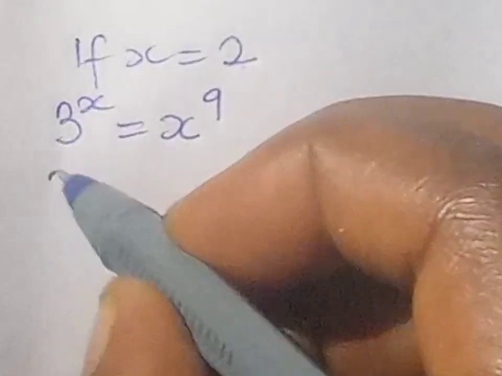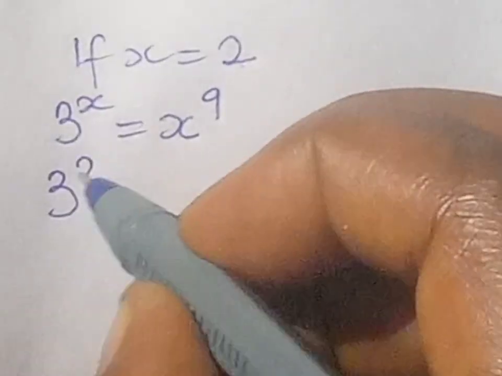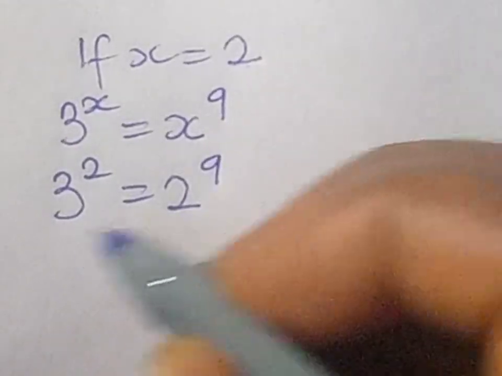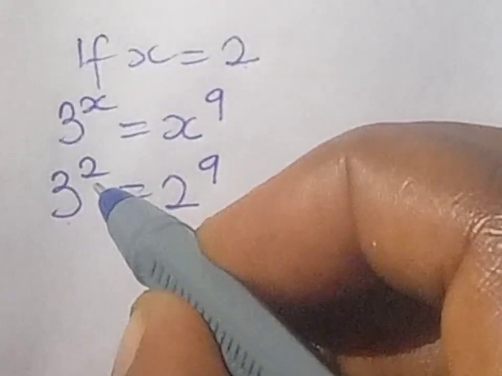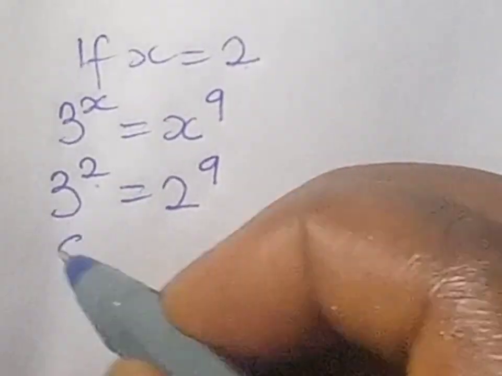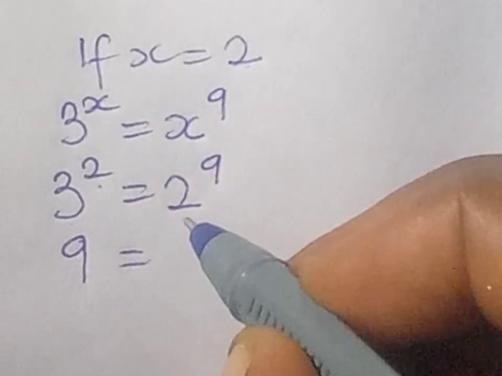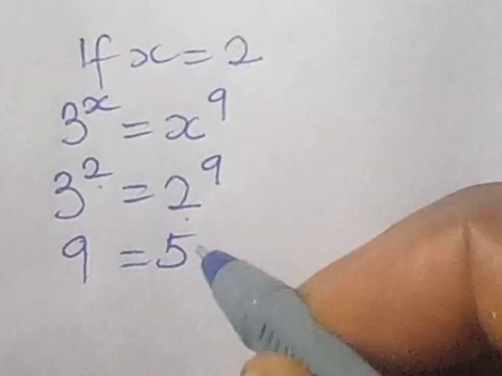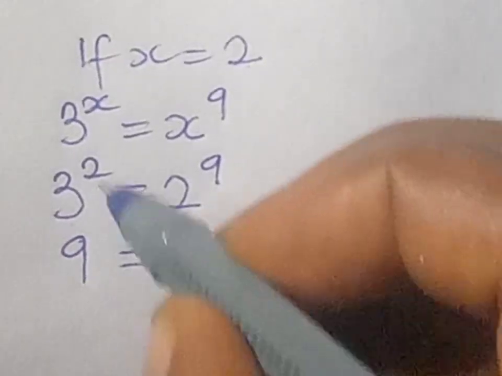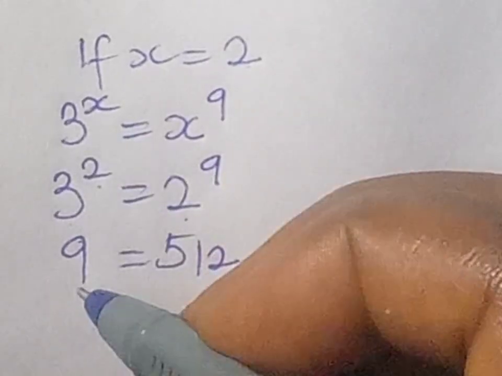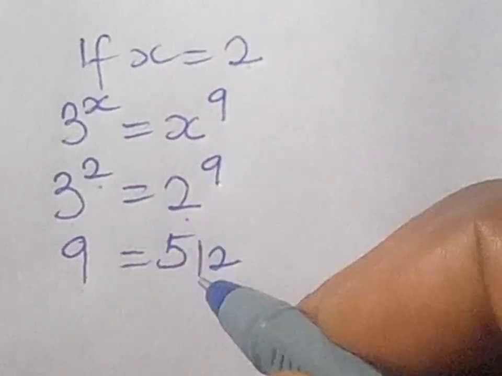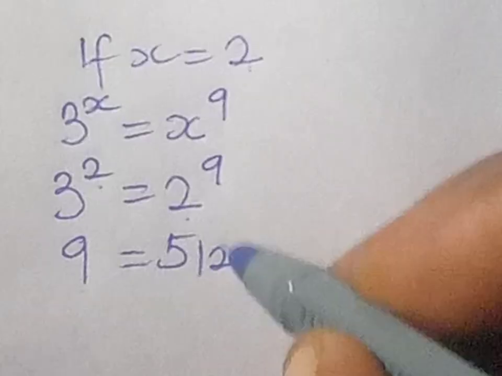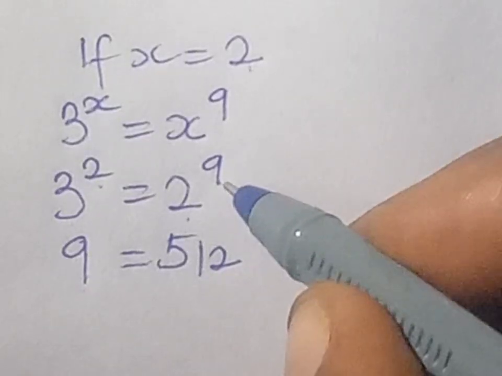So we have it as 3 raised to the power of 2 equals 2 raised to the power of 9. 3 raised to the power of 2 means 3 times 3, which will give us 9, while 2 raised to the power of 9 will give us 512. That means our result on the left side is less than our result on the right side. So x equals 2 as well doesn't work for this equation.